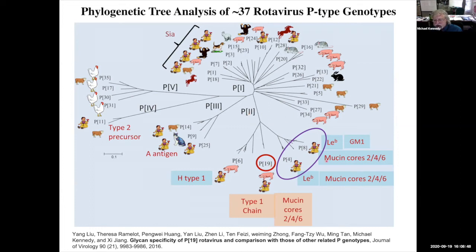This phylogenetic tree analysis led our collaborator to infer that this is an evolutionary offshoot from this most ancient P1 genogroup that emerged under the selective pressure to these histoblood group antigens. And so I should emphasize that this phylogenetic tree analysis is based on the sequences of these receptor binding domain sequences.